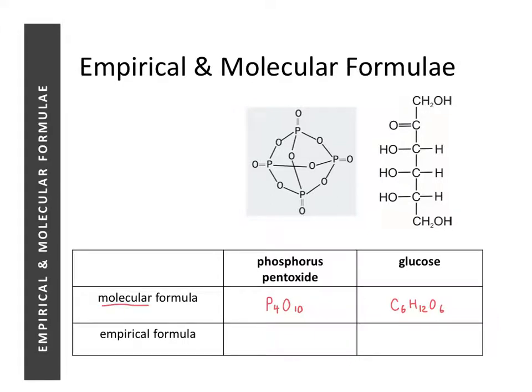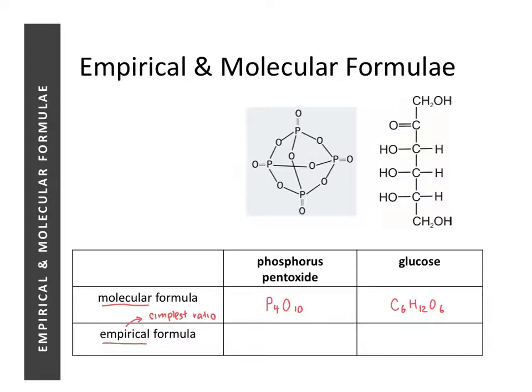Now what is empirical formula? Empirical formula is the simplest ratio of atoms of the elements in the compound, meaning it is the molecular formula reduced to the simplest ratio.